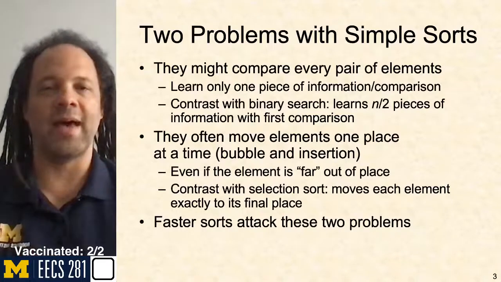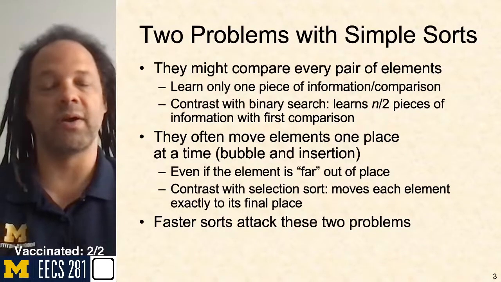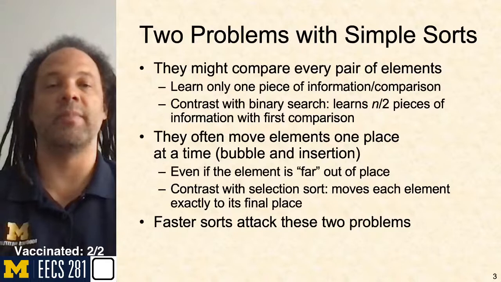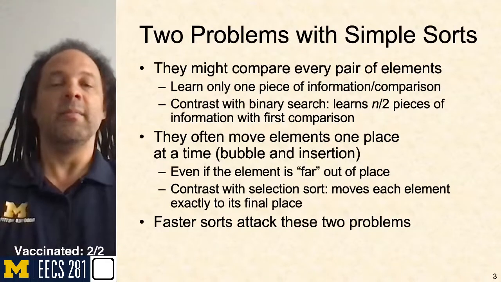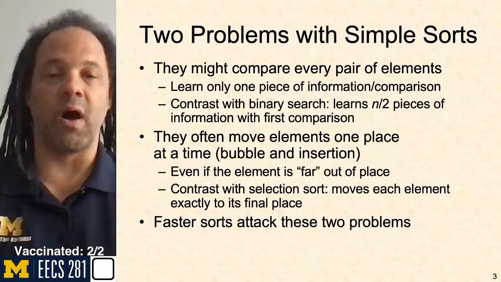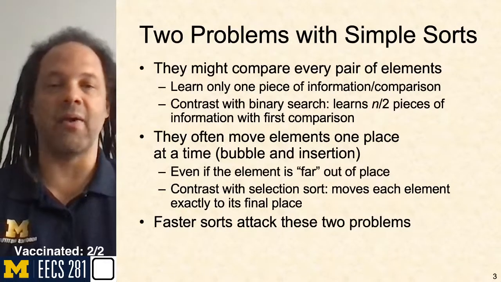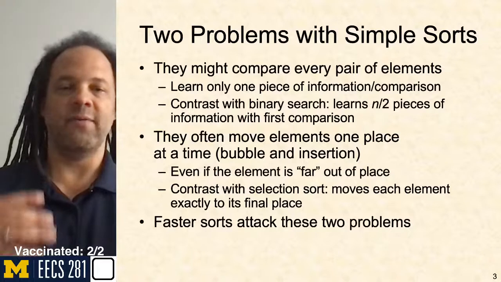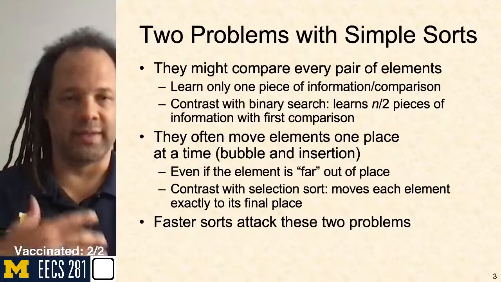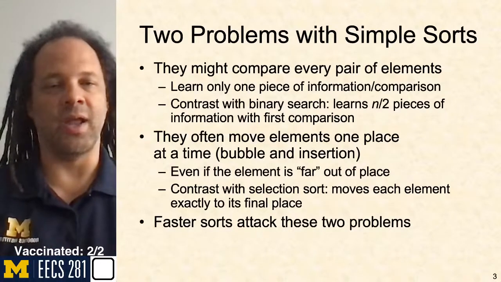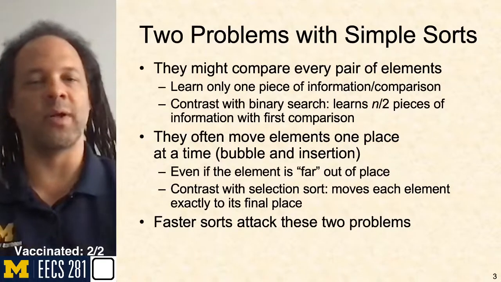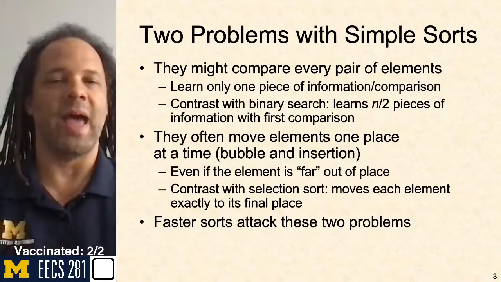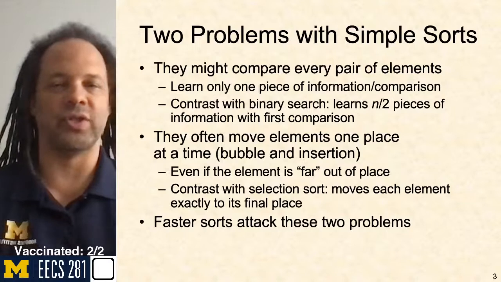The problem we had with our simple sorts, and these are our comparison sorts, remember, we're actually comparing items to items. Our elementary sorts all had the ability to compare every pair of elements. If you walk into a room with 10 people and none of you know each other, if everyone wants to be introduced to everyone, every pair of people have to shake hands.